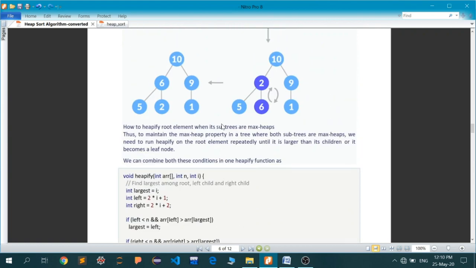What it is doing is, we have reached here, 6 is there, 2 is here, but if it has some children here like this, then we are not sure if that 2 fits there or not, if it is greater than or not. So then heapify will be applied to the lower part of this tree if it exists.